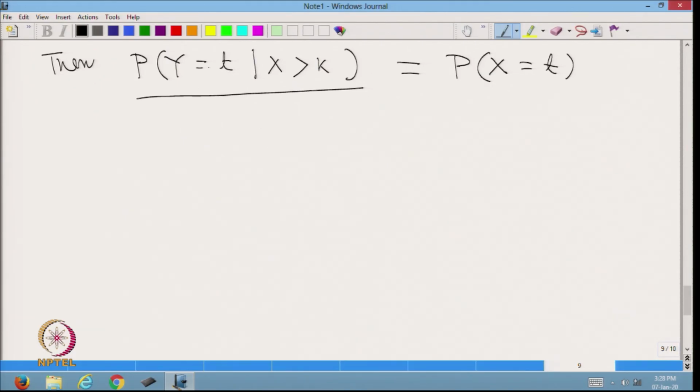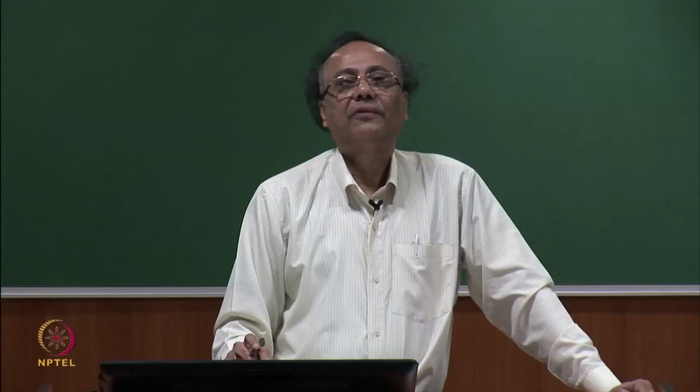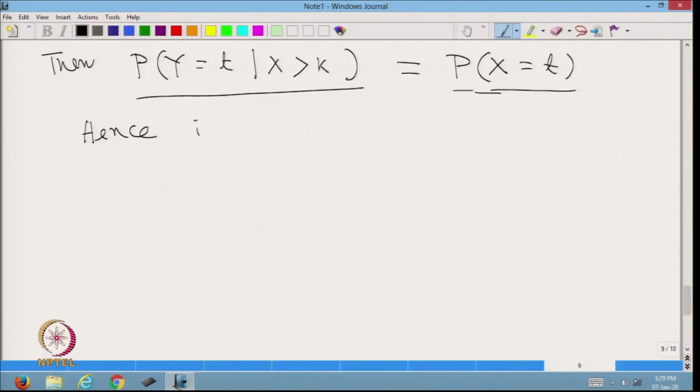So, it says that the probability of having another t tosses to get the first head, given that X is greater than k, is the same as from the beginning needing t tosses to get the first head. In other words, having already consumed k tosses has no effect on the probability of what is going to happen subsequently. Hence, it is called memoryless.